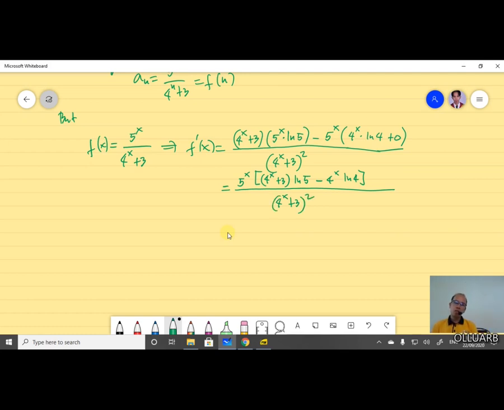Is the derivative of this function clear enough that this is less than 0 or greater than 0? Can we easily show that this function is less than 0?